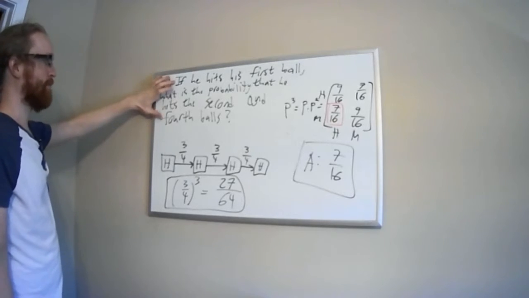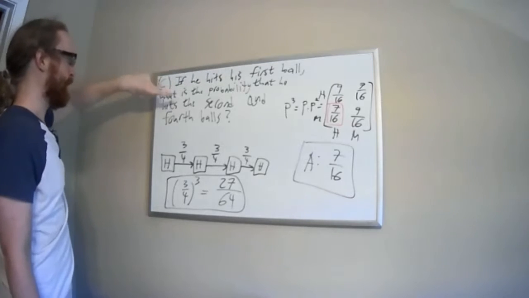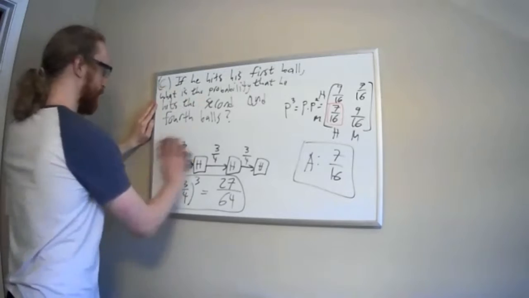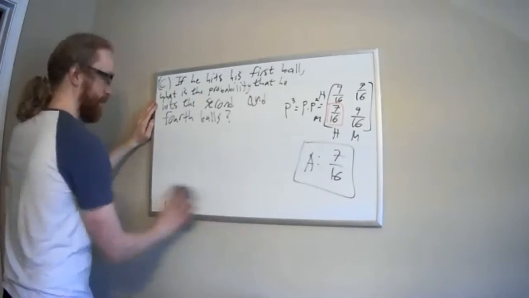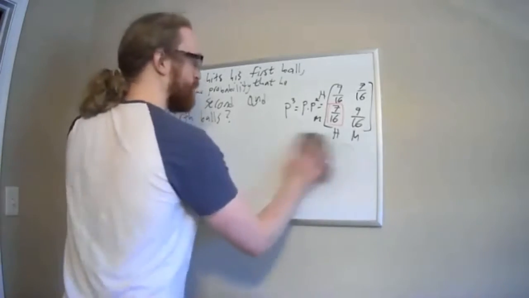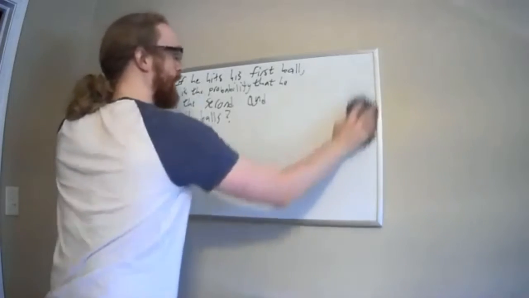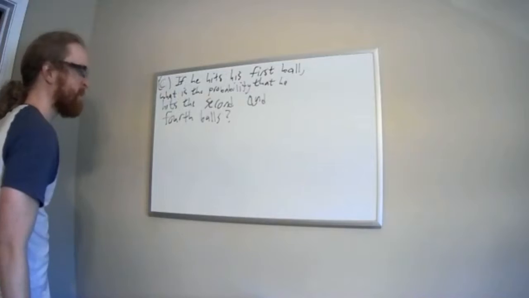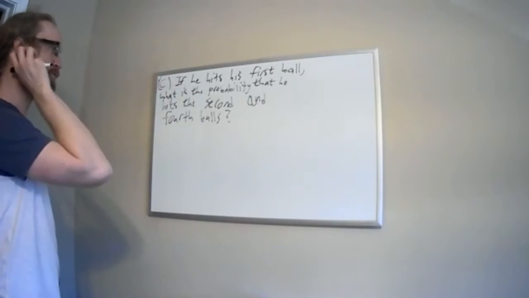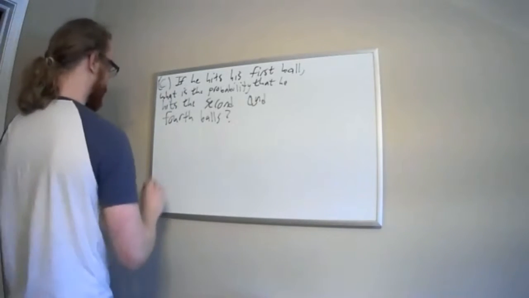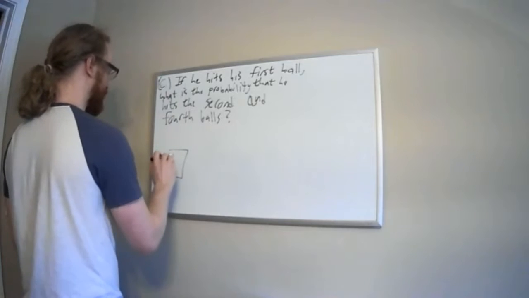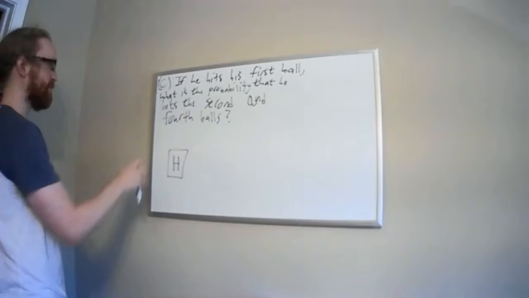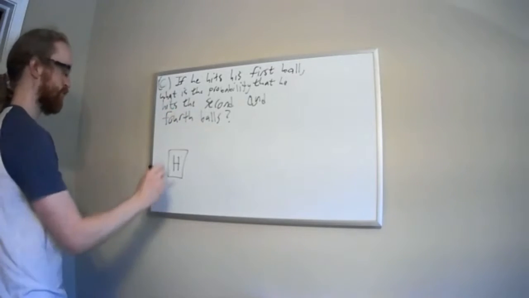I want to draw out the paths where he starts with the hit, hits it on the second time, and hits it on the fourth time. The question is what can happen on the third time? We didn't specify what can happen on the third time. So we have to leave open the possibility that he could either hit or miss on his third swing. So we have to account for that. So what does the tree diagram look like? Well, he has to start with a hit. And I'm also insisting that he hits on the second try.